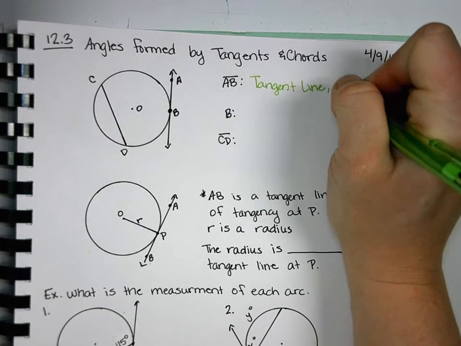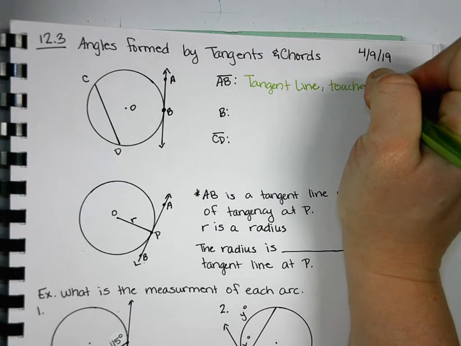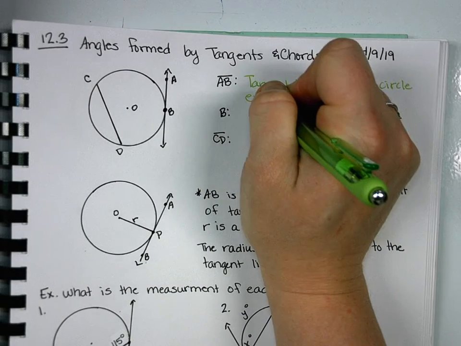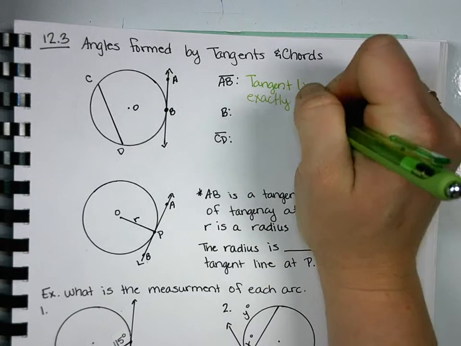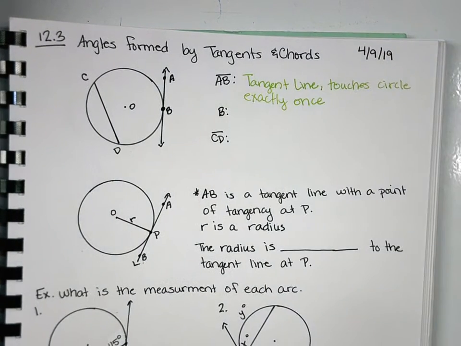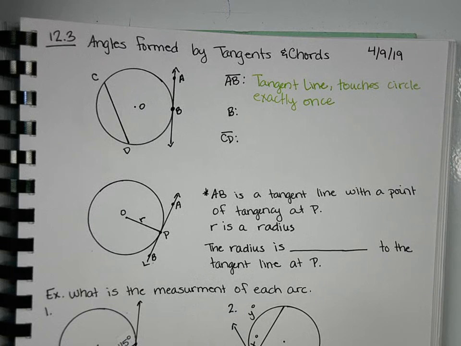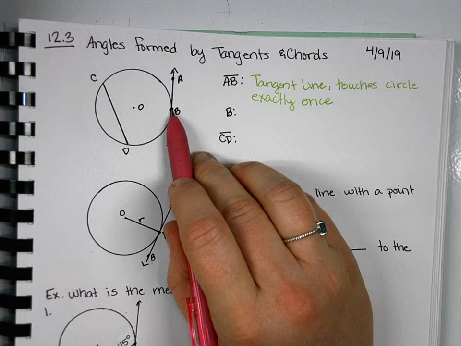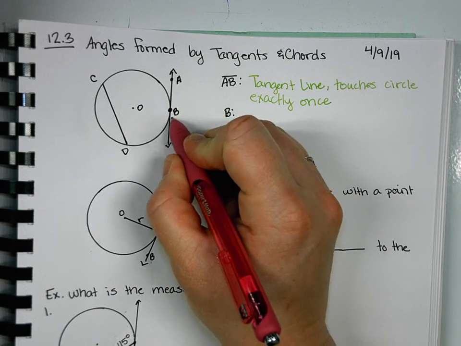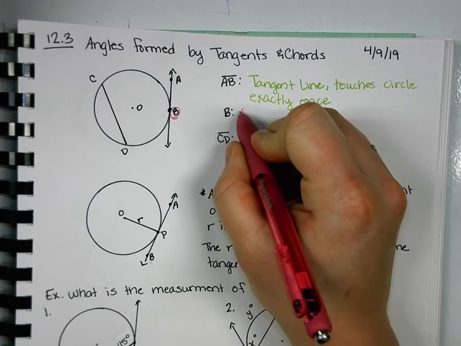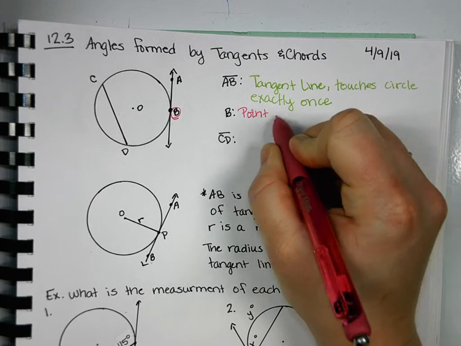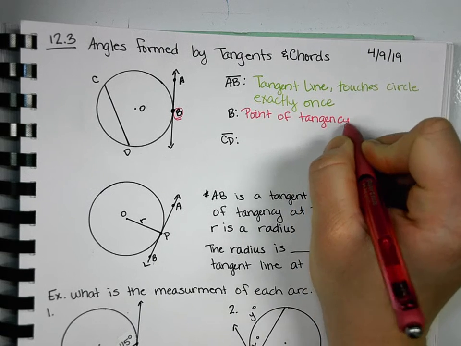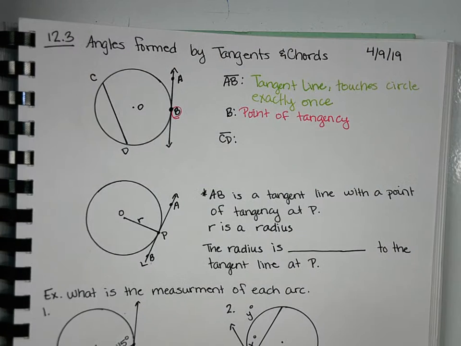So a tangent line touches the circle exactly once. The point where it touches that circle, so this point right here, B, we call that the point of tangency. Because that's the point at which they are tangent.